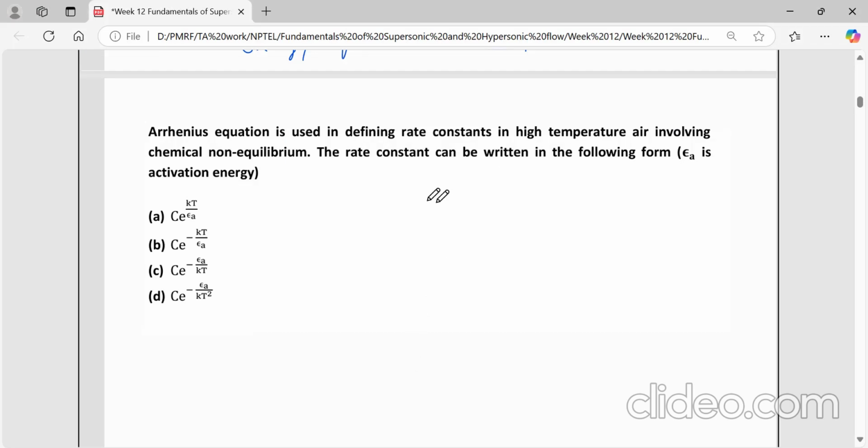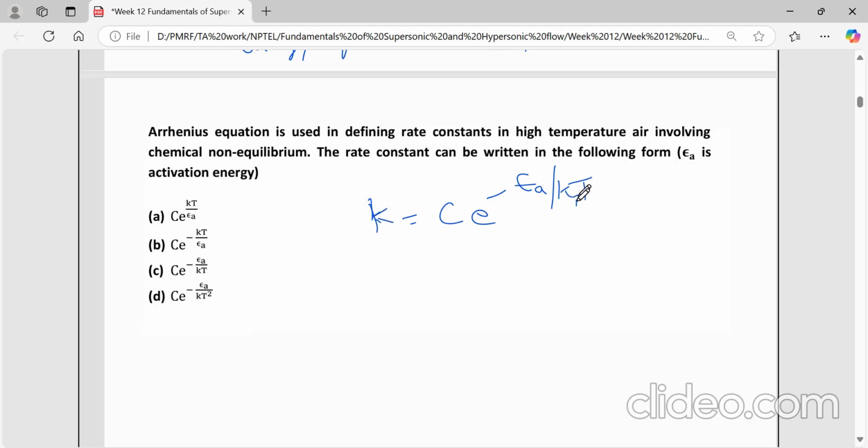Okay, so the correct option will be, the rate equation is given by k equal to C e to the power minus epsilon A upon kT. These two k are different.